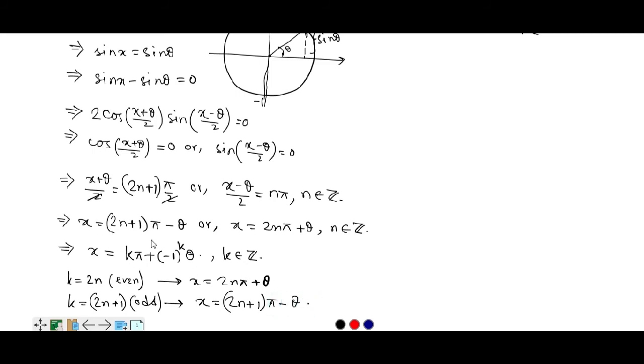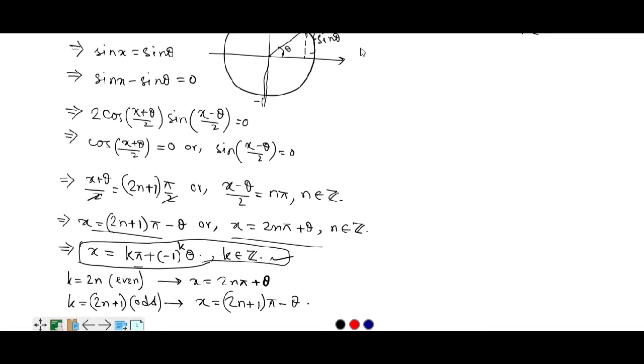So for these two solutions, we can combine them like this. This will be considered as the solution for sin x equal to c kind of equations.